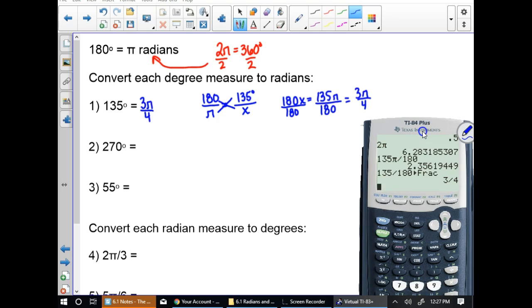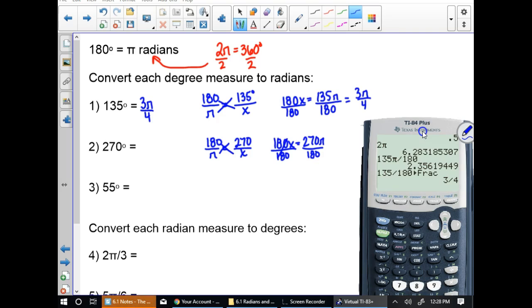All right, for 270, I can set up the same thing. 180 over pi equals 270 over X. And so I would cross multiply. 180X equals 270 pi. And I divide by 180.